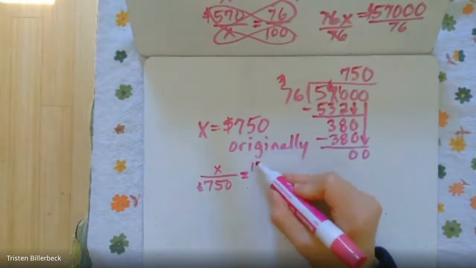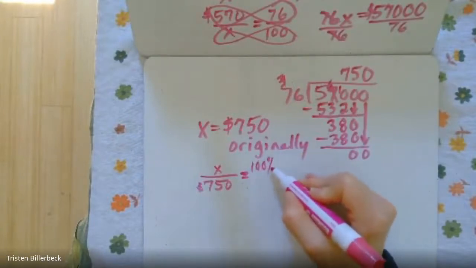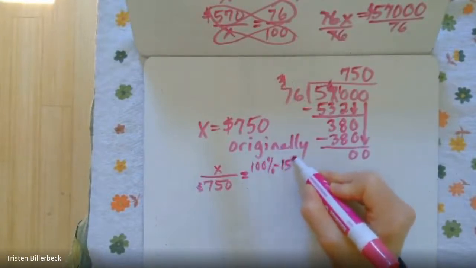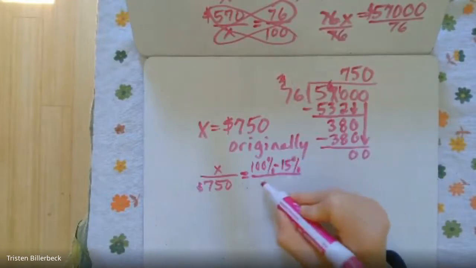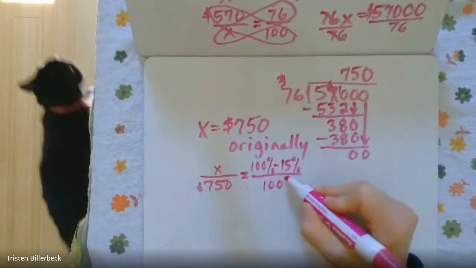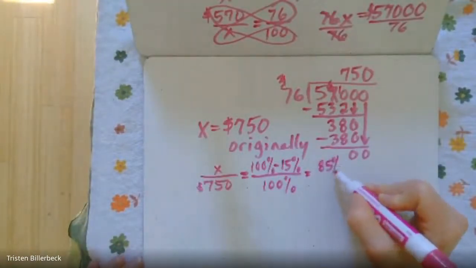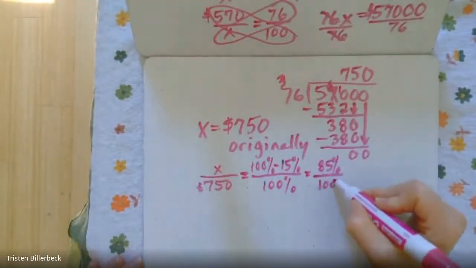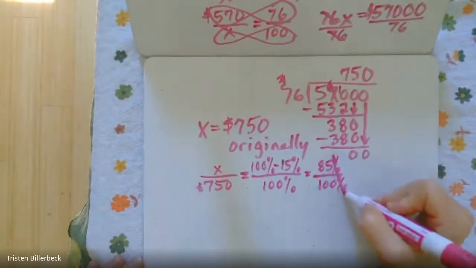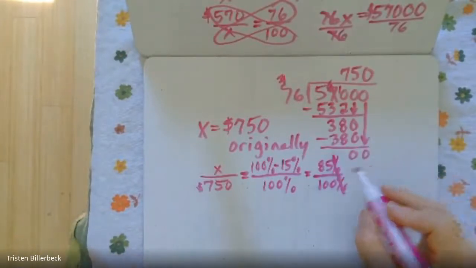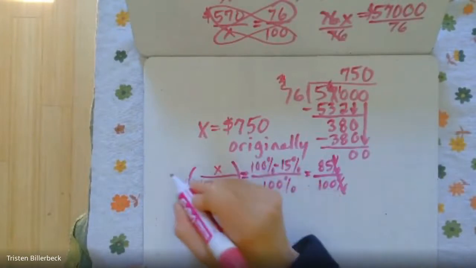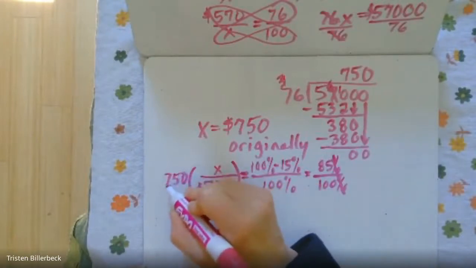Okay, so we're going to do 100% minus 15 here over 100%. So this is 85% over 100%. So we can take the percents out because they're top and bottom. Now we're going to multiply both sides by 750.